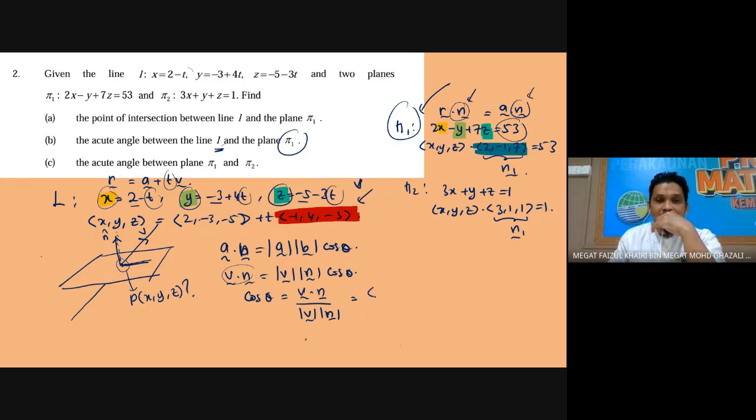V dot N, V equals (-1, 4, -3) dot with N, normal (2, -1, 7), divided by the modulus of V, which is the square root of -1 squared plus 4 squared plus -3 squared, and then N, which is 2 squared plus -1 squared plus 7 squared.